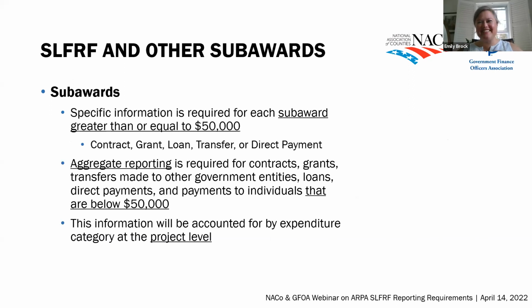One more. And also, like I mentioned, that subaward, subrecipient relationship, we've actually talked about this just a few slides ago. When you get into the portal, you are going to want to make sure that you understand where that $50,000 threshold is.